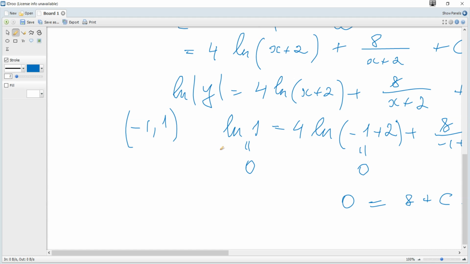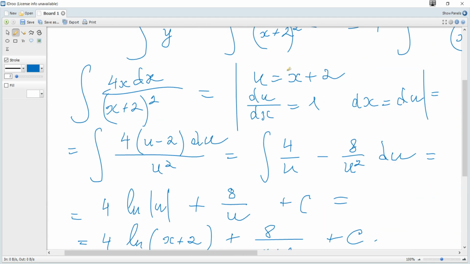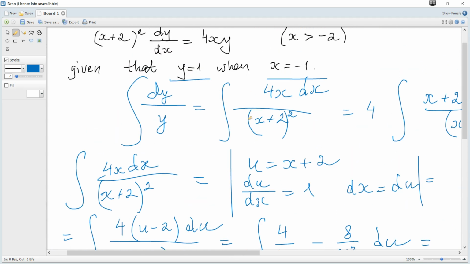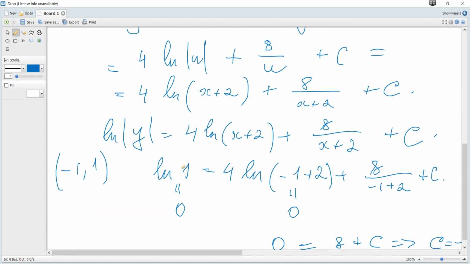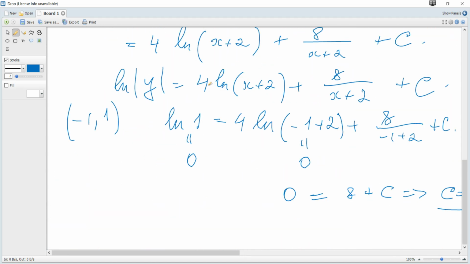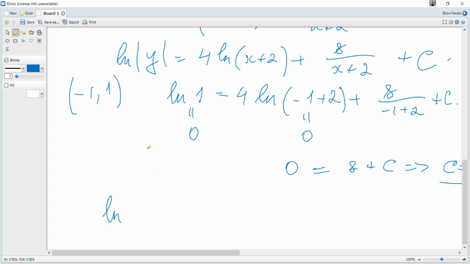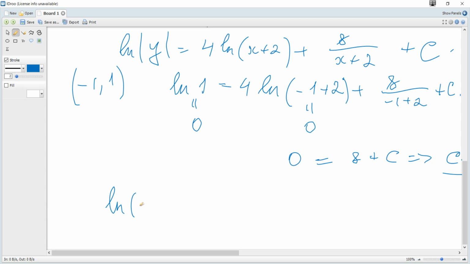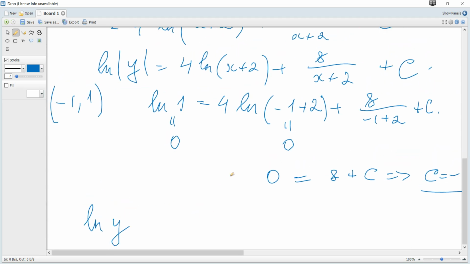And since the initial point has y equal to 1, so y is positive, we can write just ln of y.